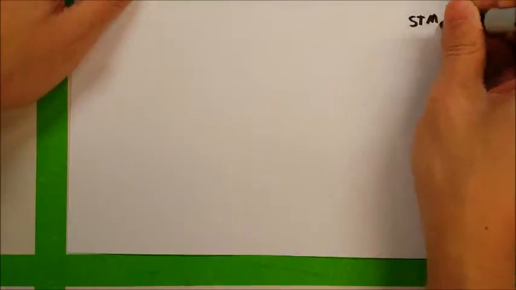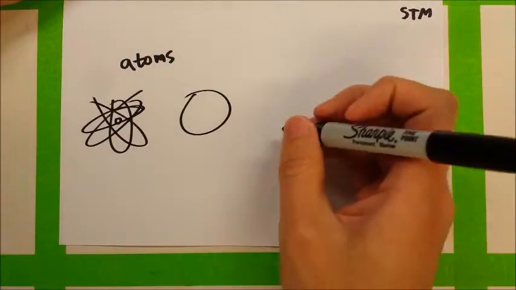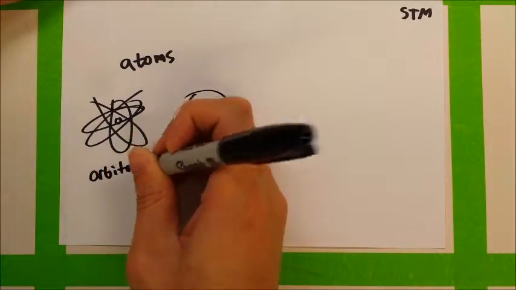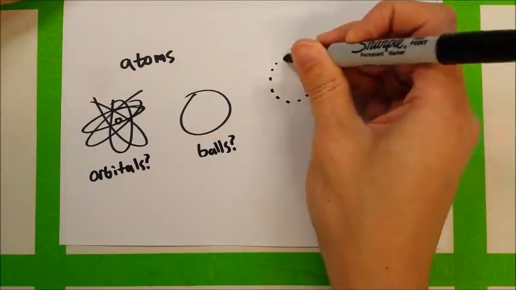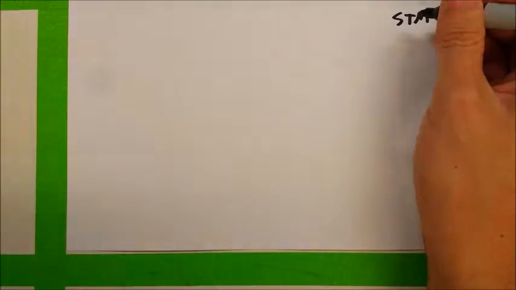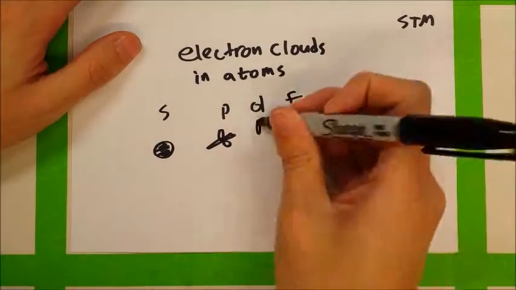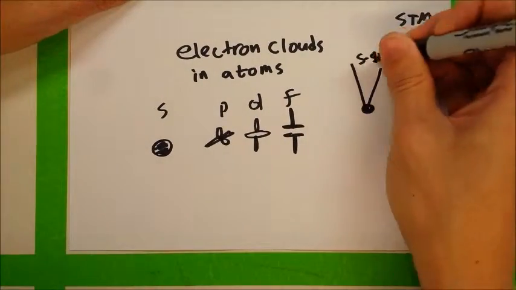Now, I've been simplifying a bit. Atoms are not hard little balls, but are better thought of as clouds of electrons. Depending on the element, these clouds can have different shapes, the most common being S, P, D, and F. The shapes of these clouds will change the shape of the tip.